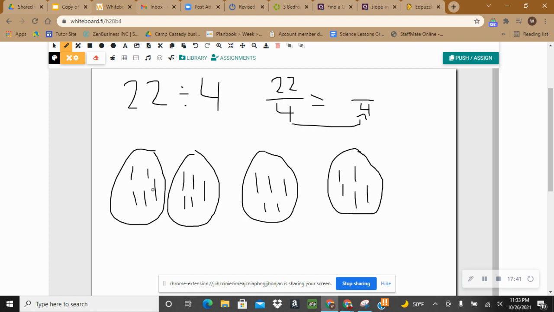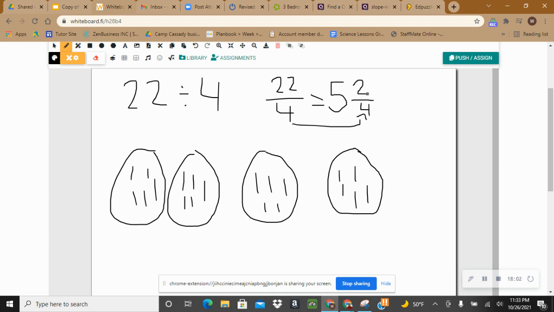So how many are in each circle? Look at each circle. You have 5, so 5 is your whole number. Each one can get 5 evenly. What's left over? This is 5, 10, 15, 20. There was 22, so how many are left over? There are 2.